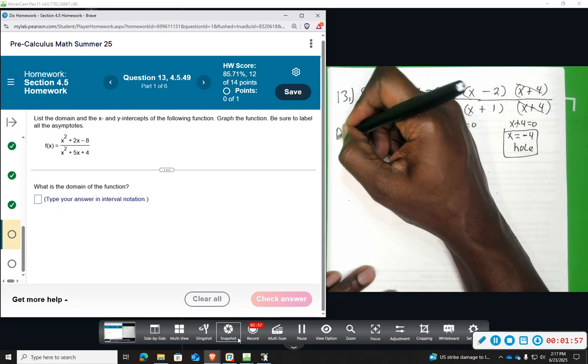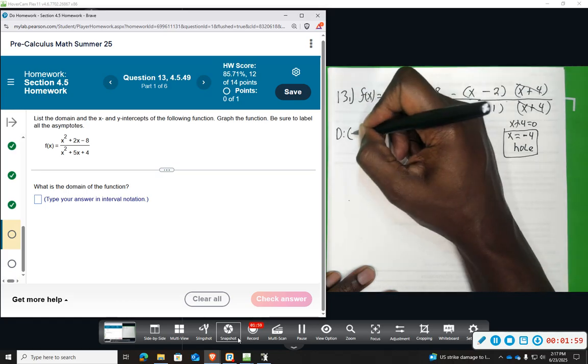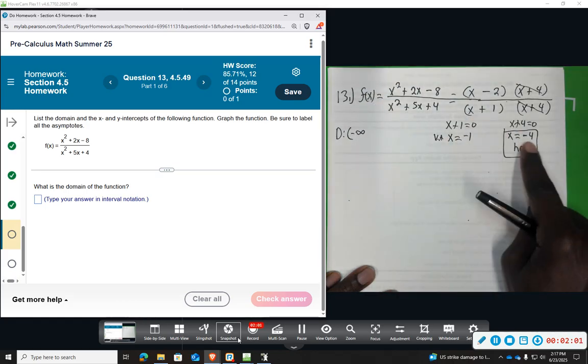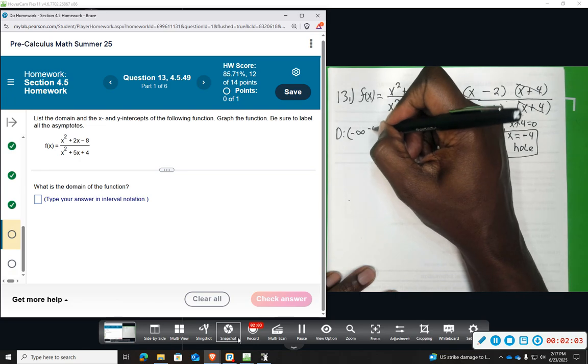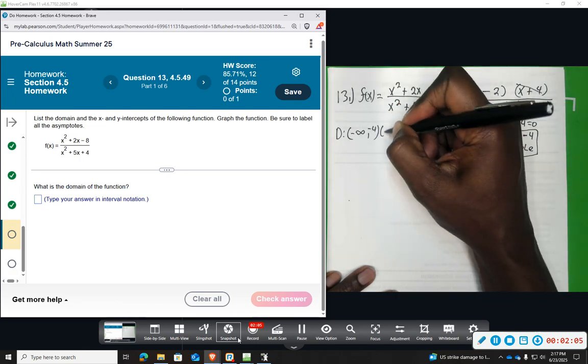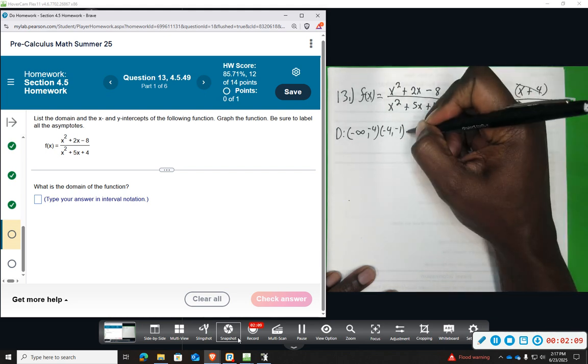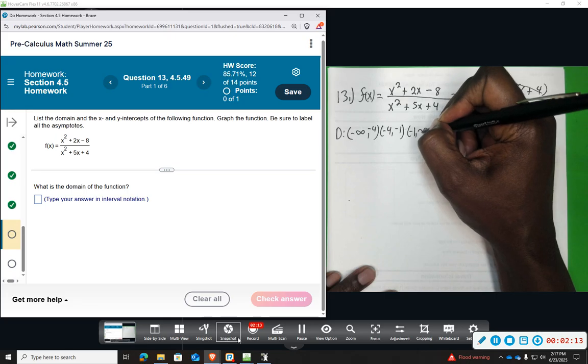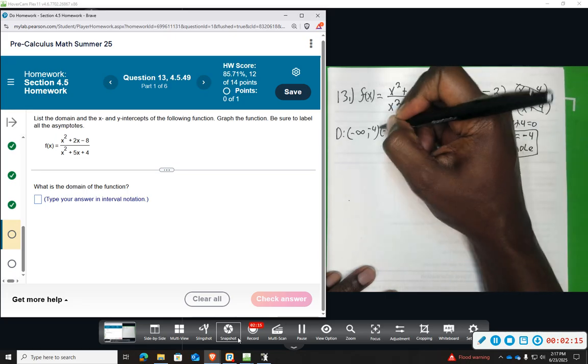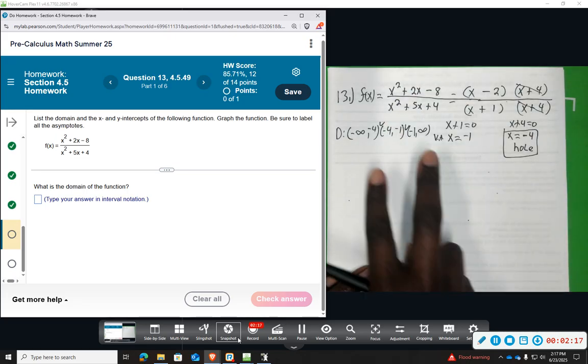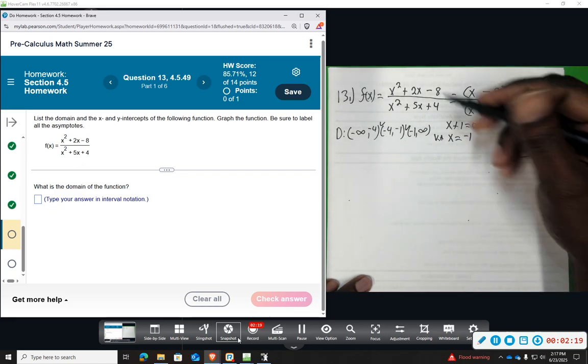So domain will be from negative infinity to the smaller number negative 4, and then negative 4 to negative 1, and then negative 1 to infinity. And I should be putting unions in between. So this gives us our vertical asymptote.